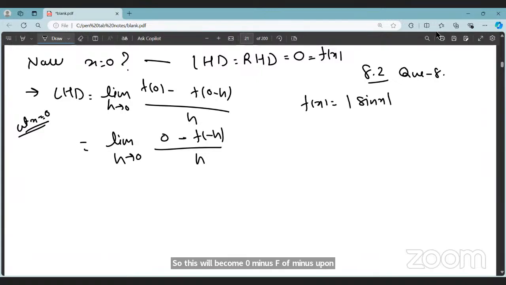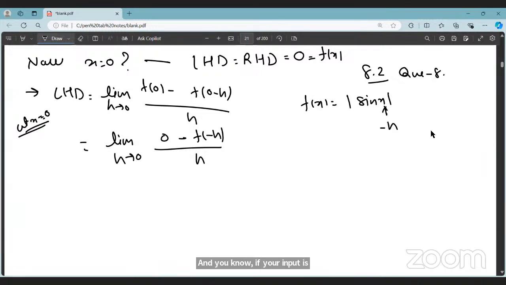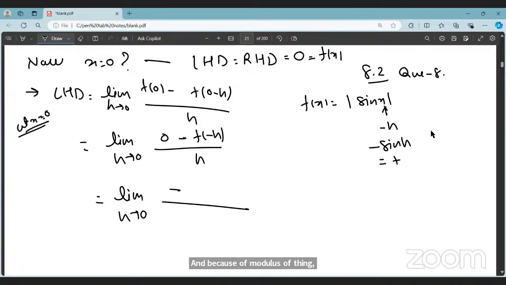And you know, if I put minus x in place of x, the minus sign will come outside of the sine, right? It will become minus 1. And because of the modulus, this will become positive, right? So this is nothing but limit h going to 0 of minus sine h upon h, right?